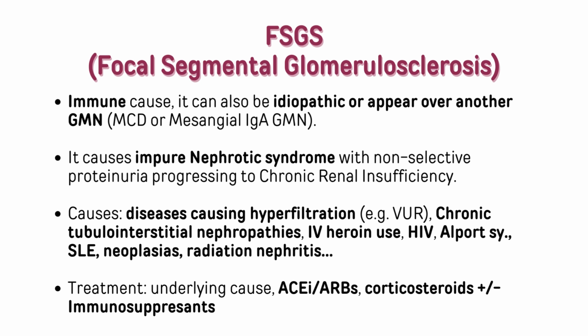It causes an impure nephrotic syndrome, with non-selective proteinuria progressing to chronic renal insufficiency. The causes include diseases that are causing hyperfiltration, like vesicoureteral reflux, chronic tubulointerstitial nephropathies, and as well IV heroin use, HIV, Alport syndrome, systemic lupus erythematosus, neoplasias, radiation nephritis, and some others.